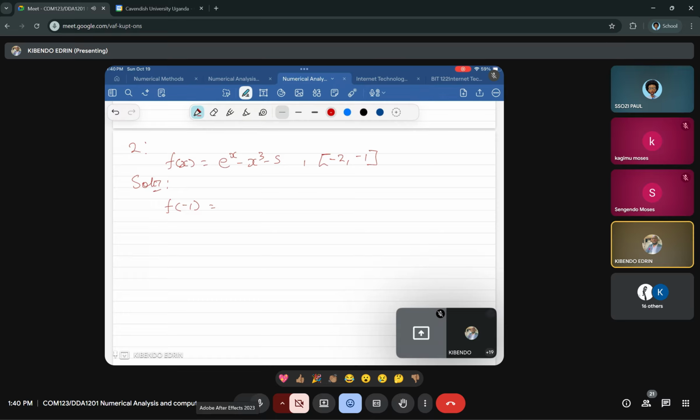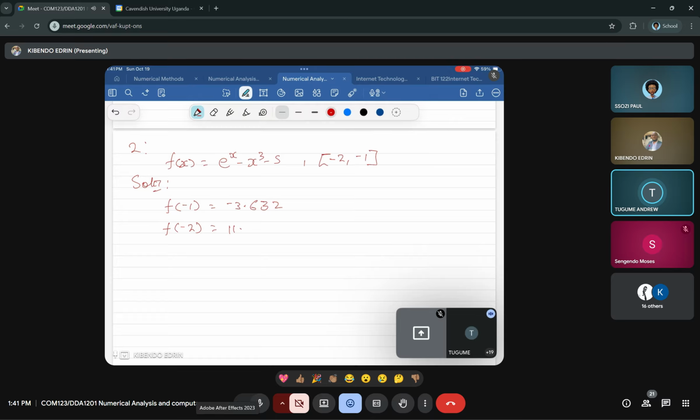Is it e raised to power negative... What is the answer? Then f of -2. Isn't it 3.1353?